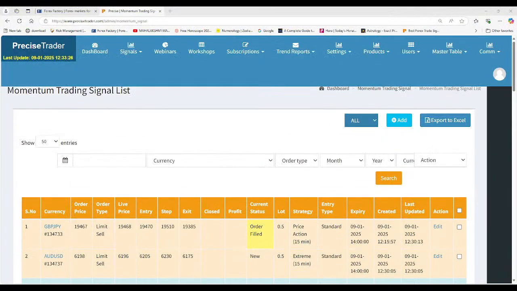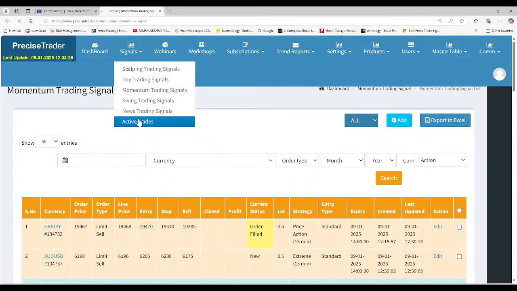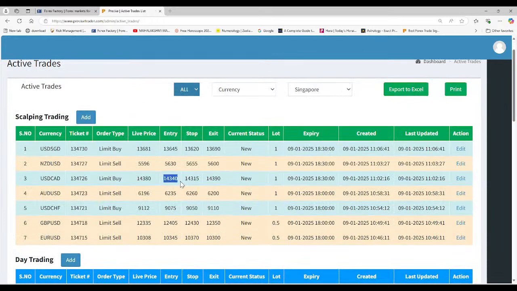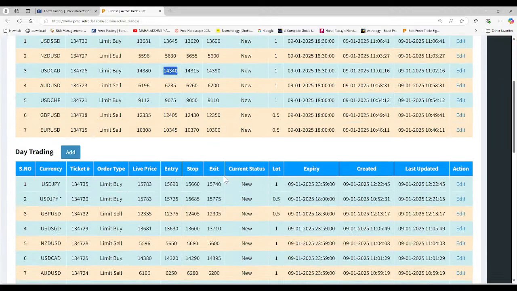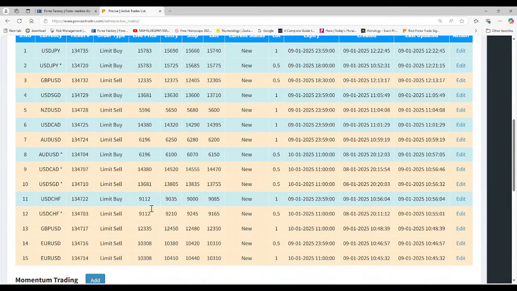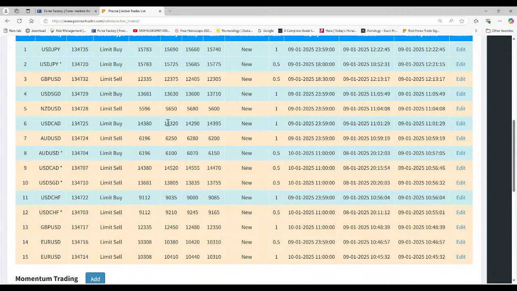Let's see. The pound yen is filled. We have given a buy order at 43.40 and its expiry is 18.30. Let it work. Then we have given a buy at 43.20. This also let it work, and we have a sell at 45.20, which is all extreme levels.